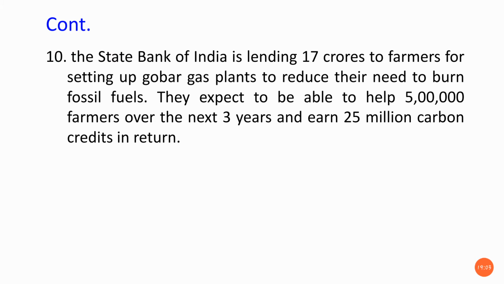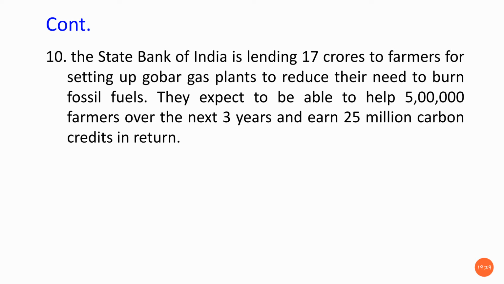The State Bank of India is lending 17 crores to farmers for setting up gobar gas plants to reduce their need to burn fossil fuels. They are expected to help 5 lakh farmers over the next 3 years and earn 25 million credits in return. So the State Bank is giving loans to improve gobar gas.